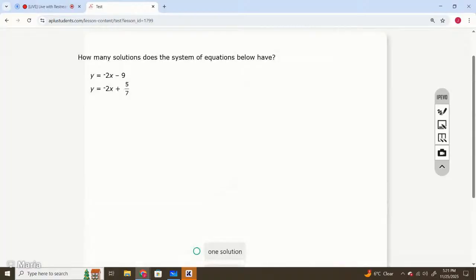How many solutions does the system of equations below have? They have the same slope and different y-intercept, right?